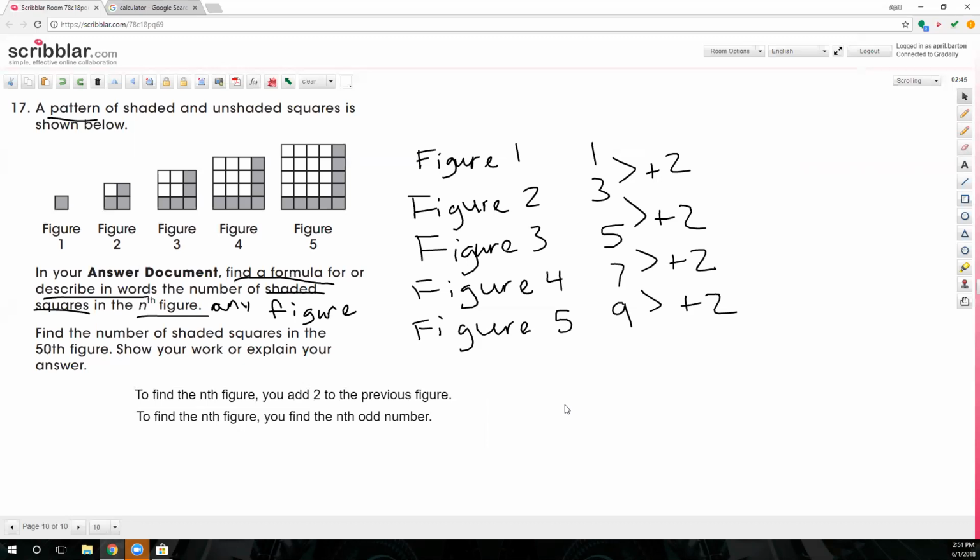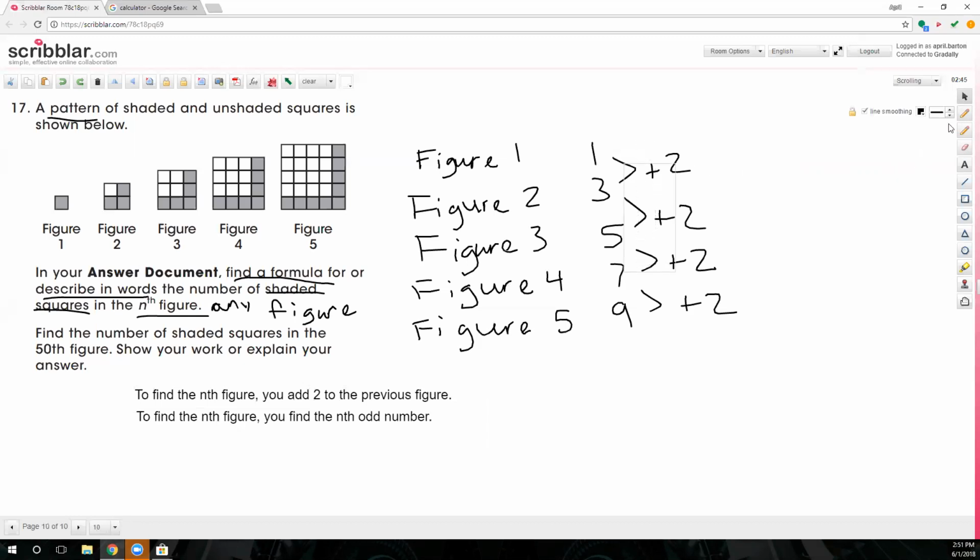Okay. So the last way would be to find a formula. Formulas can be difficult. If it's a linear pattern, that's the easiest formula to find. So since it is linear, and how do you know that it's linear?